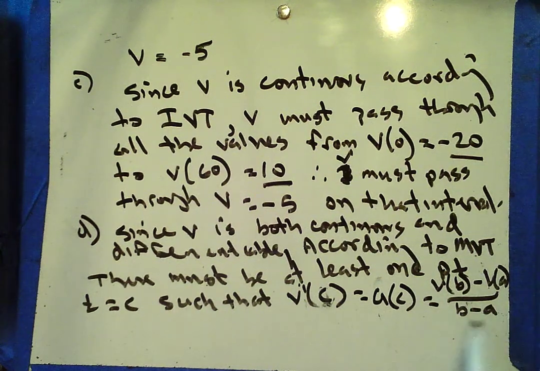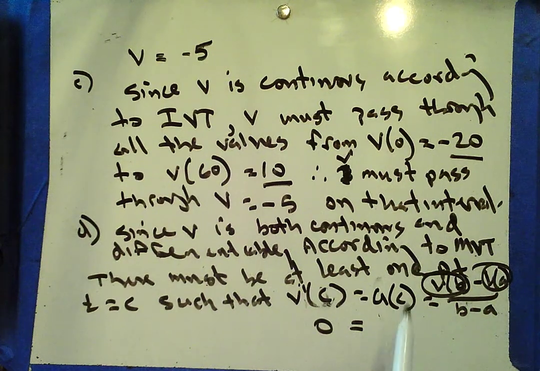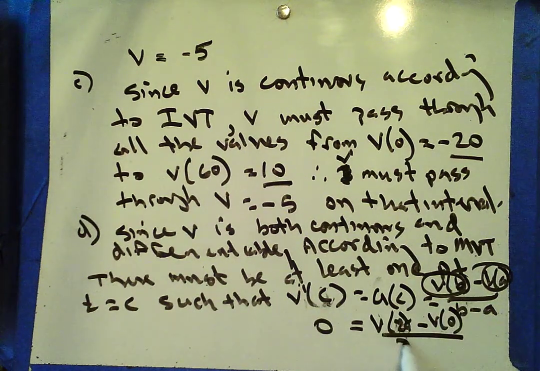So I'm looking for when the average rate of change is equal to 0. So that would mean, are there two velocities that are the same? And I see two velocities that are the same on 0 to 25 seconds. So v of 25 minus v of 0 over 25 minus 0 will be equal to 0.